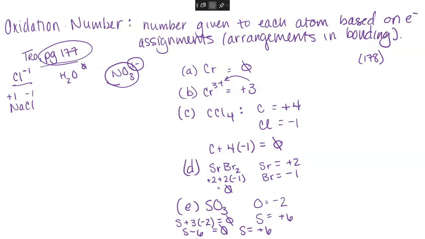Because based off of changes in the oxidation number, you can determine if this is being oxidized or reduced. And we'll get to that. Ready? Okay. So, using oxidation numbers, we're going to determine what's being oxidized or reduced in the reaction.